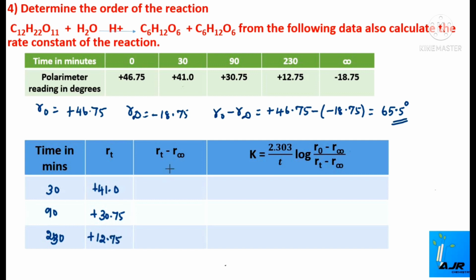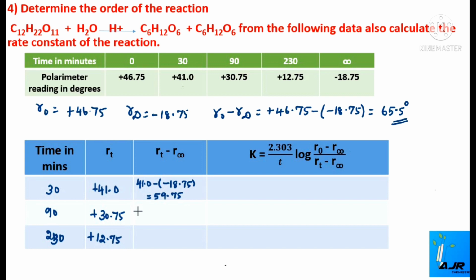Understood, students? Now we are going to find out the difference between Rt minus R infinity, that is between this value and R infinity. So let me write that value: 41.0 minus of minus 18.75. When you are finding the difference, you will be getting 59.75. Understood?